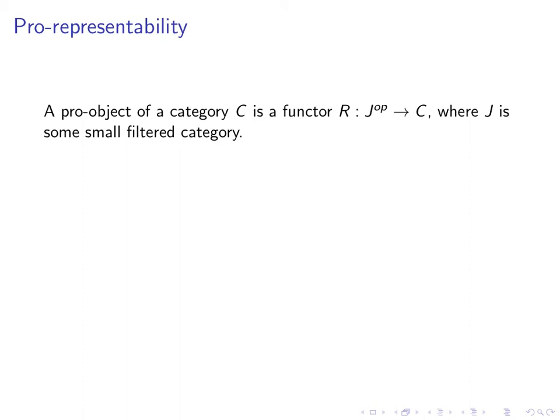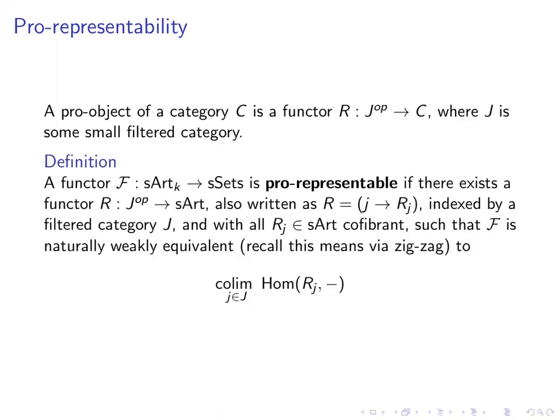Okay, moving on to pro-representability. In general, a pro-object of a category C is a functor R from J op to C, where J is some small filtered category.